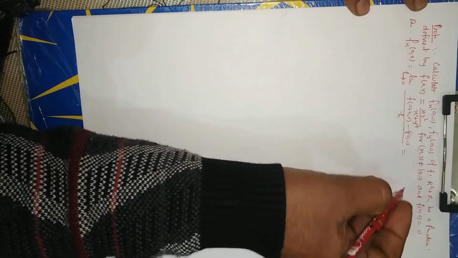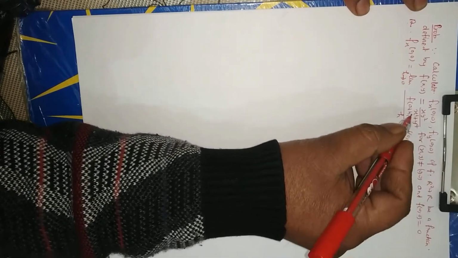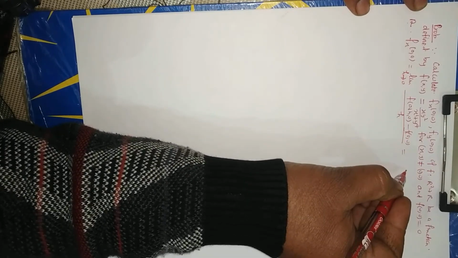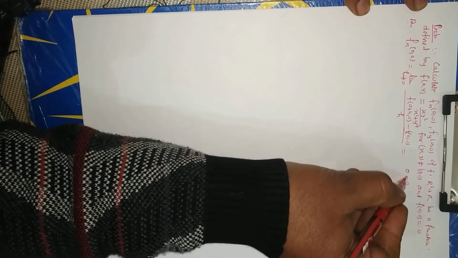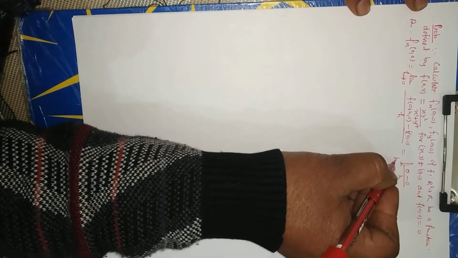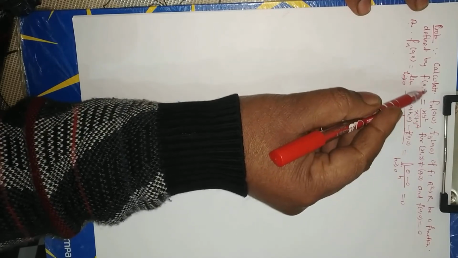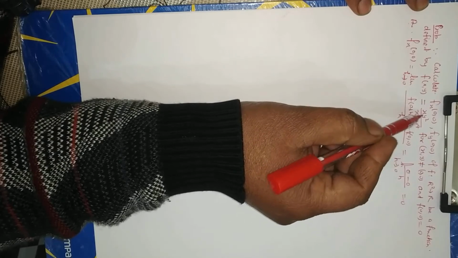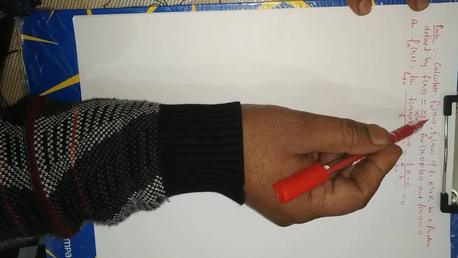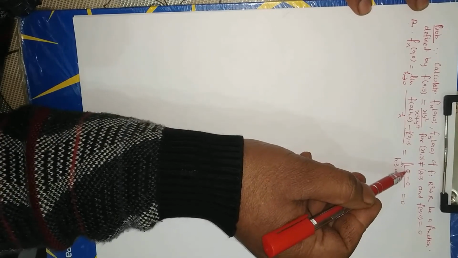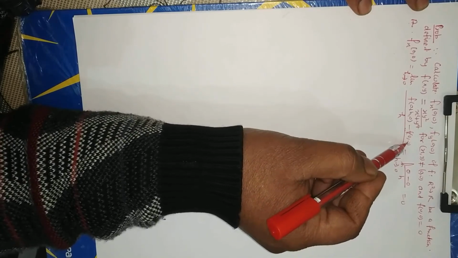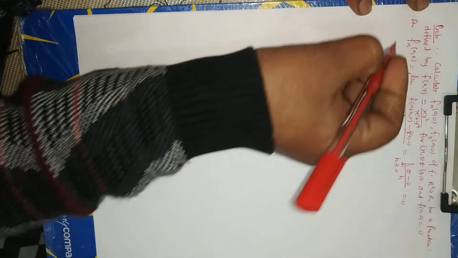Since putting x equal to h and y equal to 0 in f(x,y), we get 0, and f(0,0) is always 0.